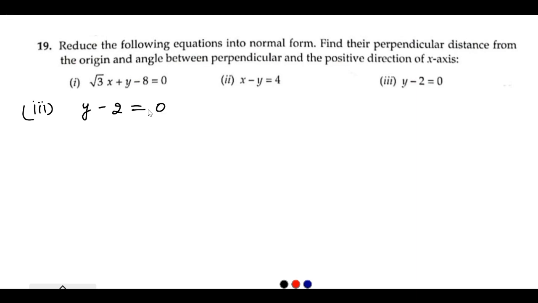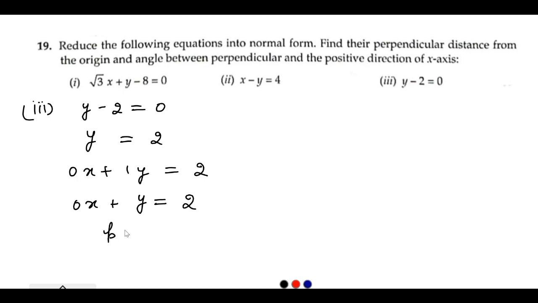First of all, we are changing it into the normal form. You can write 0x plus 1y is equal to 2. Now divide this equation by under root a square plus b square. This will remain the same. It means the normal form of this equation is this, where p is equal to 2, cos alpha is 0 and sin alpha is 1.